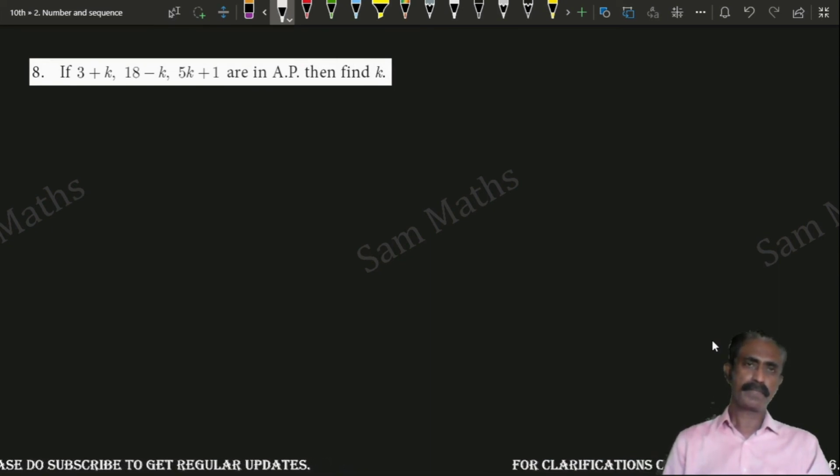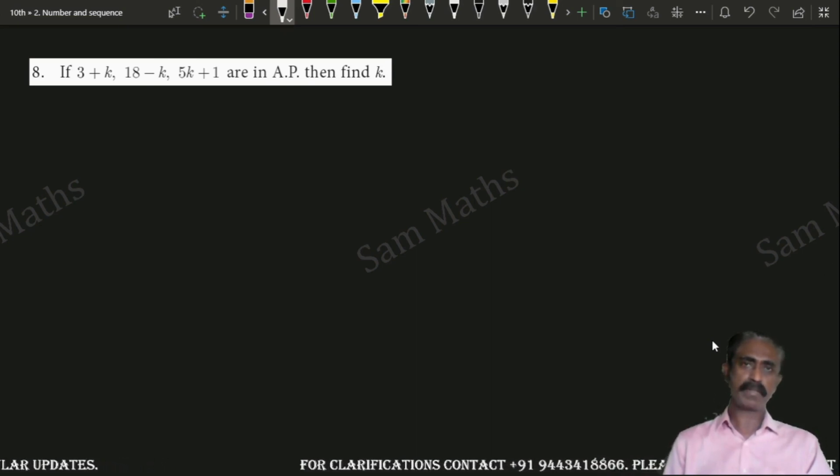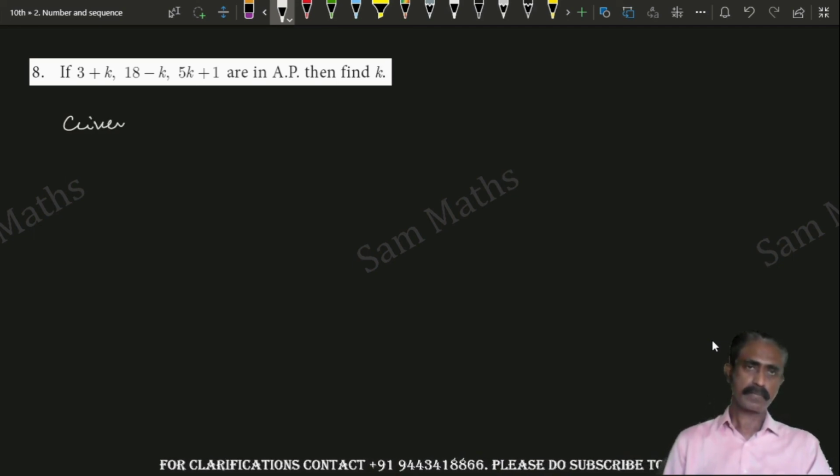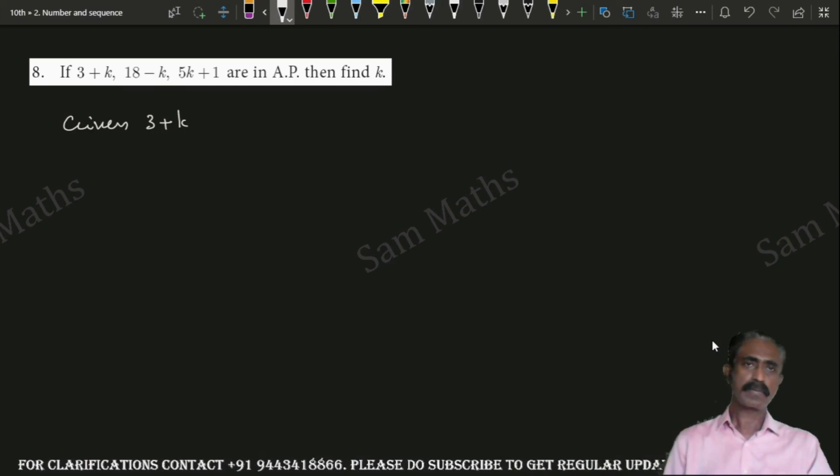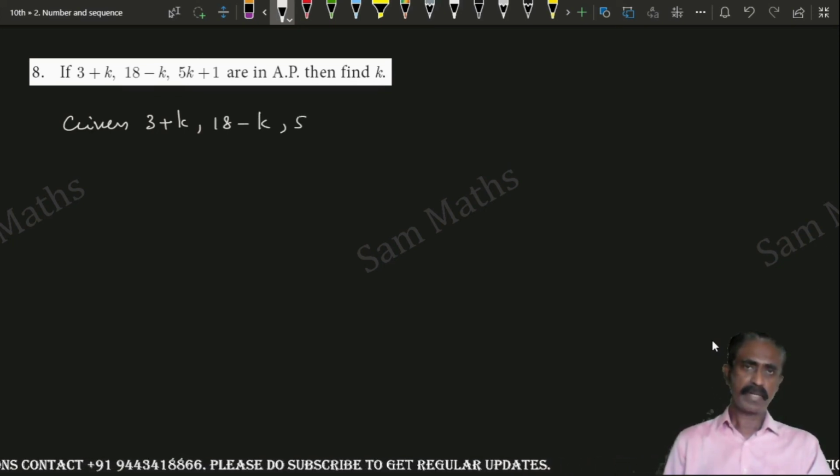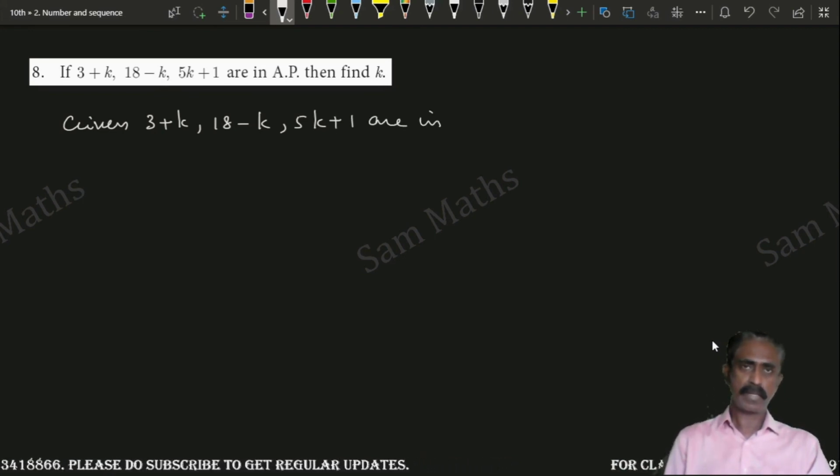Eighth sum, if 3 plus k, 18 minus k, 5k plus 1 are in AP, then find k. Given 3 plus k, 18 minus k, 5k plus 1 are in AP.